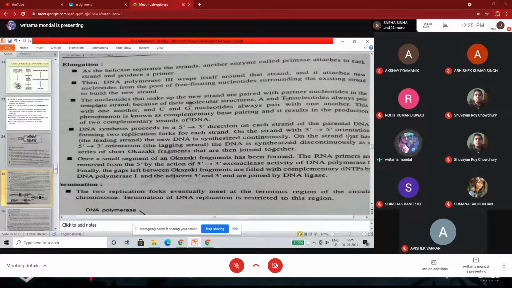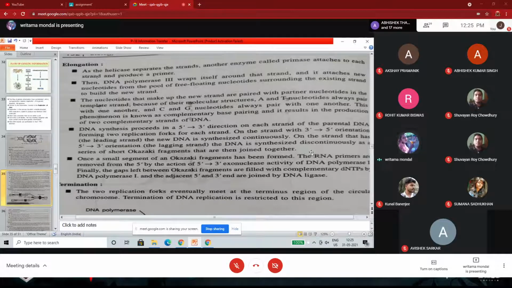On the strand with 3' to 5' orientation, the leading strand, the new DNA is synthesized continuously in the 5' to 3' direction. On the strand that has 5' to 3' orientation, the lagging strand, the DNA is synthesized discontinuously as a series of short Okazaki fragments that are then joined together.